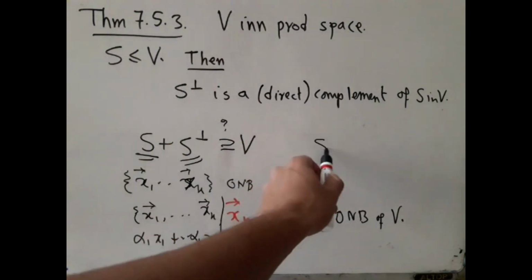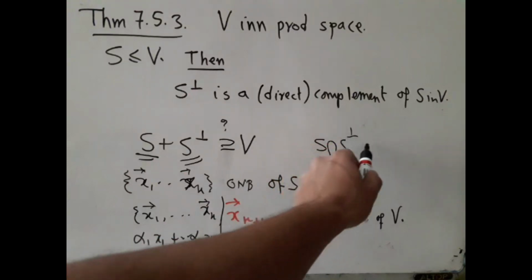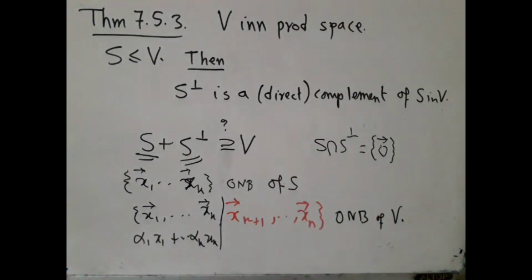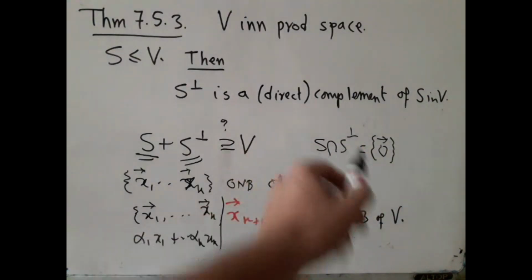The next condition that I have to check is whether their intersection is only the null vector. Suppose I take any vector X in S intersection S perp.